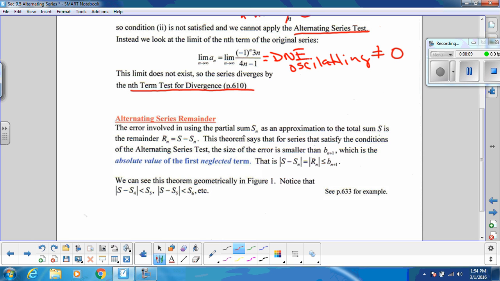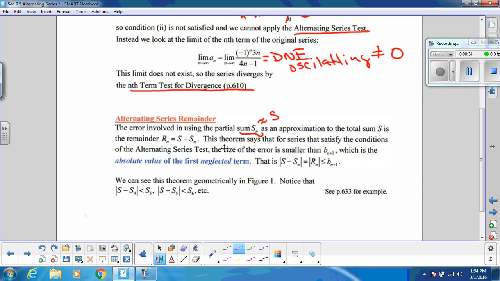The error involved with using the partial sum S sub n is not equal to the sum. This is an estimate, an approximation of the total sum S. So obviously the remainder, which we're going to call capital R, is simply the actual sum minus the approximation.